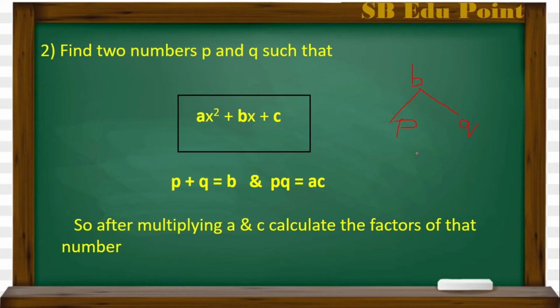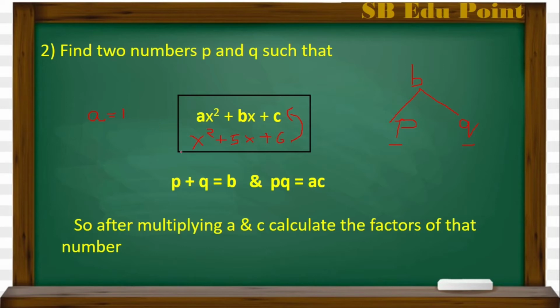Okay students, now please carefully understand how to calculate the two numbers p and q. To make you understand, I'll take an example of a quadratic equation: x square plus 5x plus 6. In the first step, we have already discussed that we need to compare the quadratic equation with the general form and write the values of a, b and c. So the value of a for the polynomial will be 1.